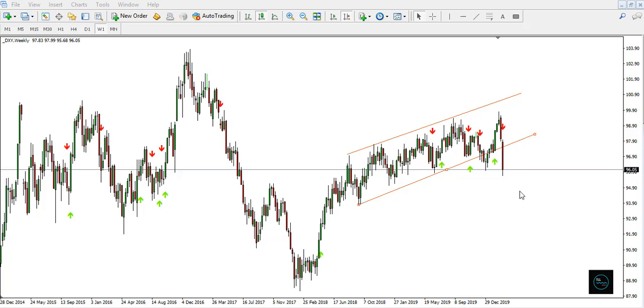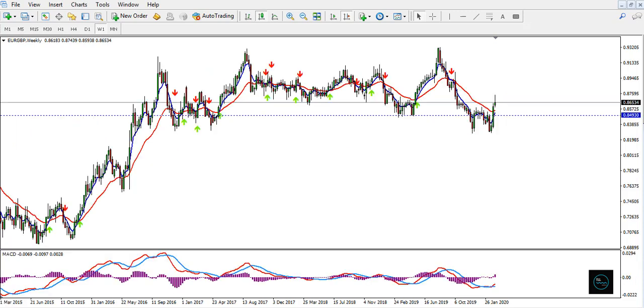And if that's the case, then you may want to look at the pairs like the euro, the GBP, the New Zealand, and Aussie for buying opportunities. And we're just going to briefly look at this. I want to keep this video as brief as possible. And I wanted to show you the euro GBP currency pair.